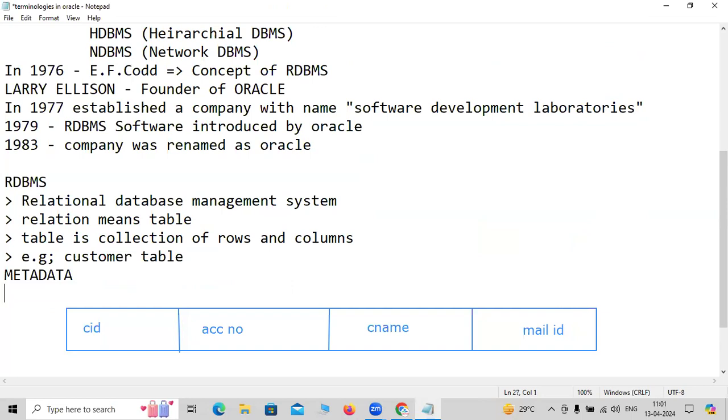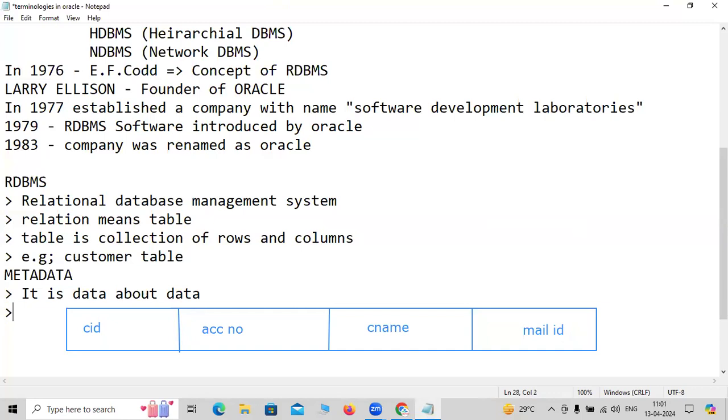So a metadata is data about data. Suppose in this example, this table has column names like CID, account number, customer name, mail ID.